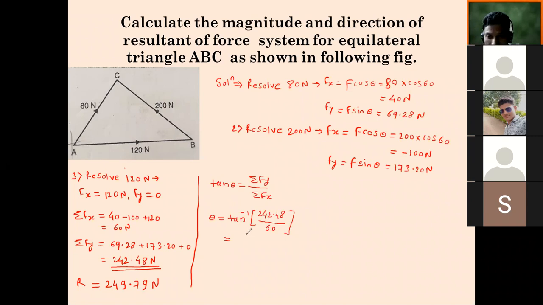Correct. 76.10. Very good. Somebody has told again some other answer. What is the problem? Theta is equal to. Have you got this answer? Yes, sir. Correct. So this is theta.